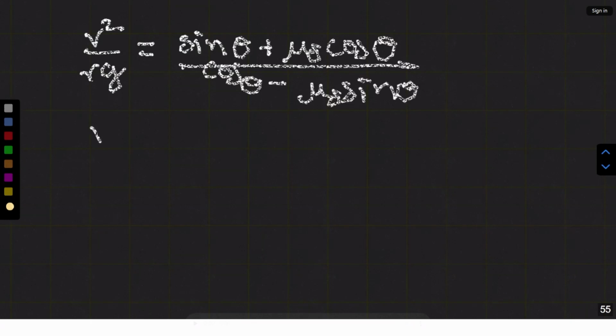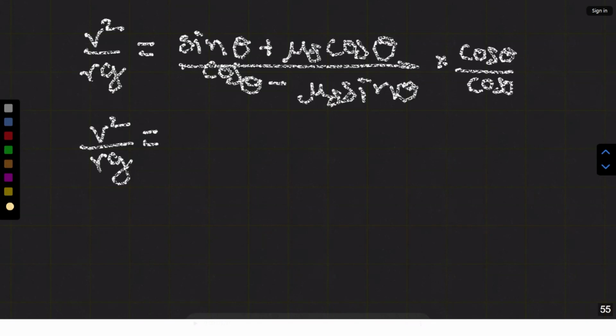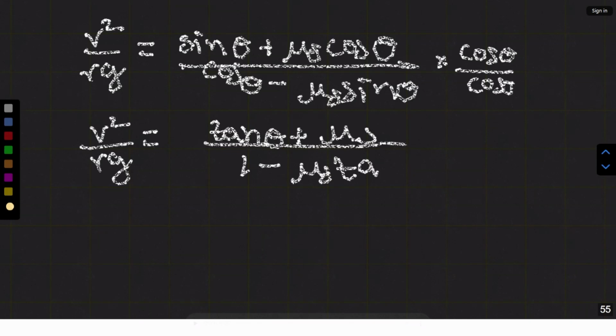Okay, so I can further write this as, if I multiply and divide it by cos theta, I'll get tan theta plus mu s by 1 minus mu s tan theta.